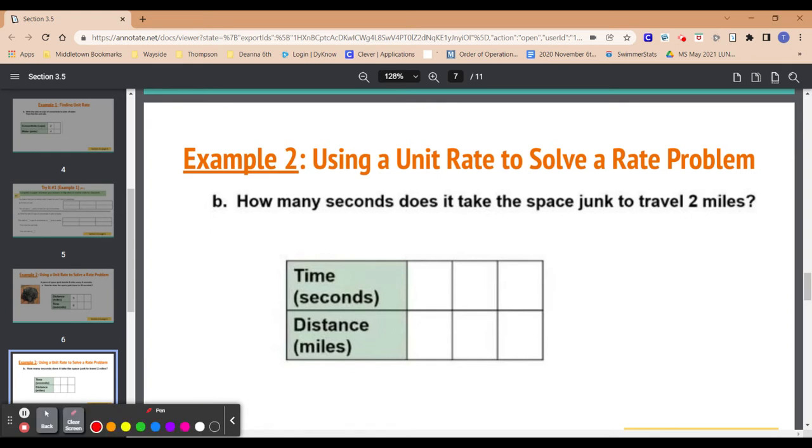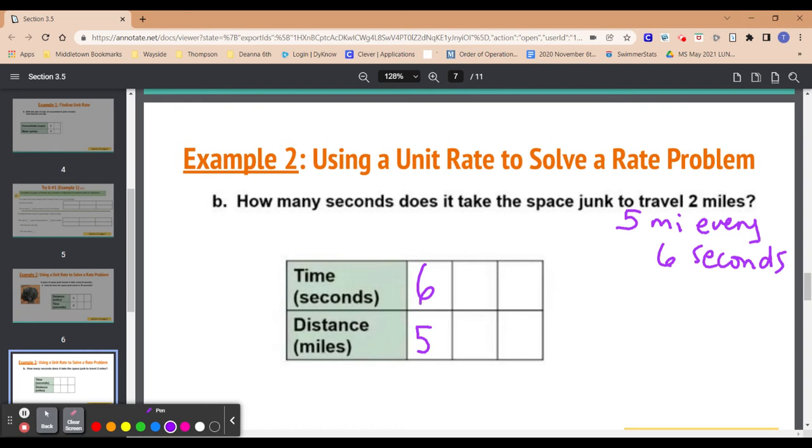So this is almost like how we did it with example 1. In problem A they gave us 5 miles every 6 seconds. So 5 miles is going to go down here this time. In problem A, it was at the top. 6 seconds is now going at the top instead of at the bottom.